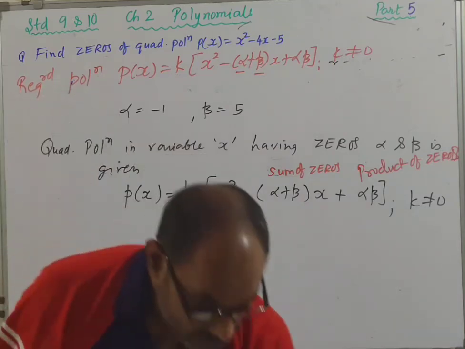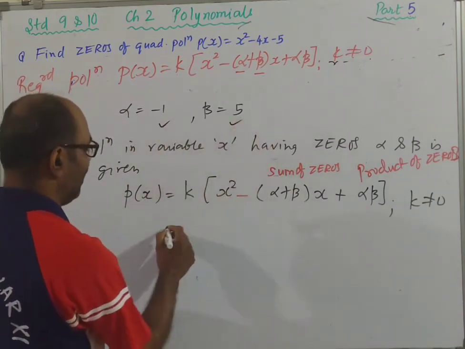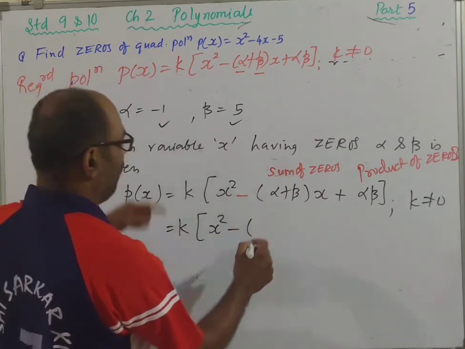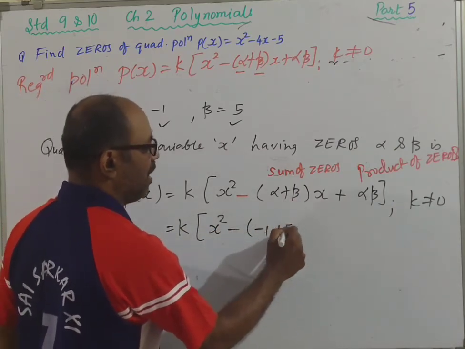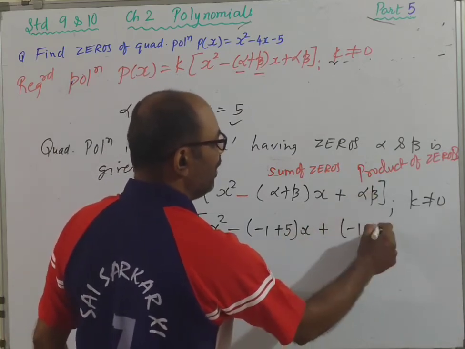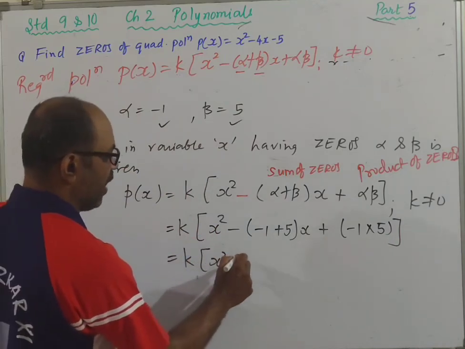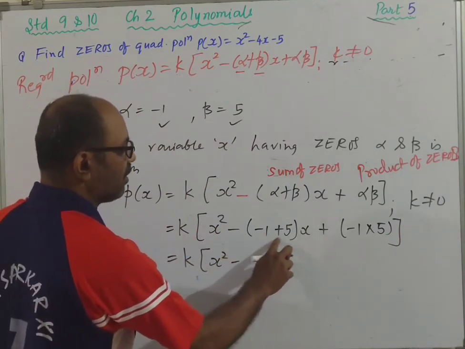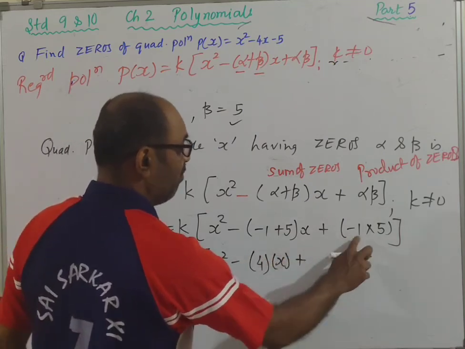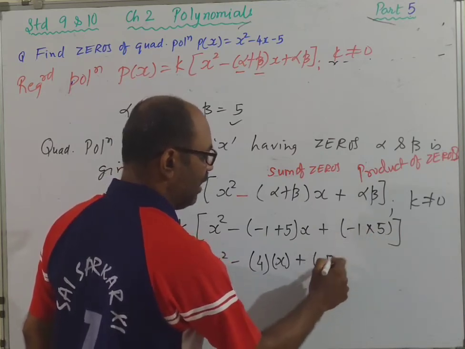Alright, now children, we will put the values of alpha and beta here. So k into x square minus, be careful, alpha is minus 1 and beta is plus 5, into x plus alpha is minus 1 into beta is 5. That is equal to k into x square minus, different sign, subtract, 4, the bigger is 4, so 4 into x plus, now this is the product, minus 1 into 5, different sign, so minus 5.